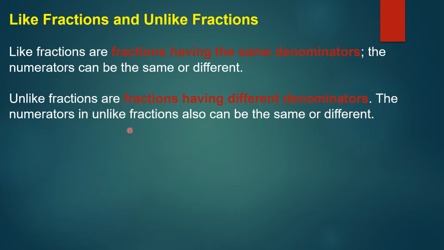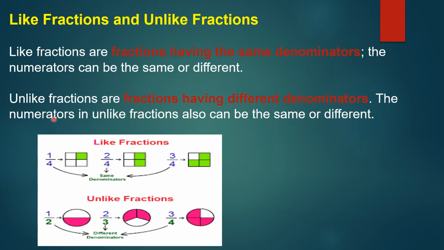The numerator could be same or different. So in both cases, let us not worry about the numerator and we have to see only the denominator. If the denominators are same, then call them like fractions, and if the denominators are different, call them unlike fractions.